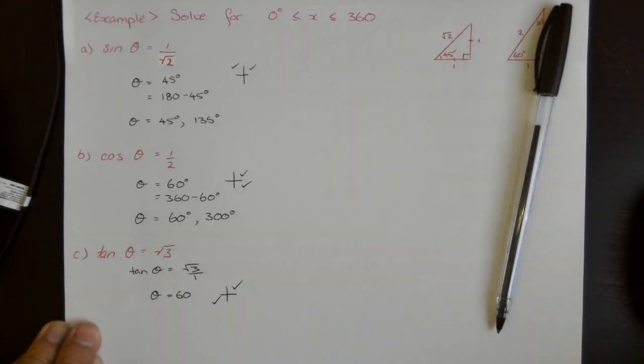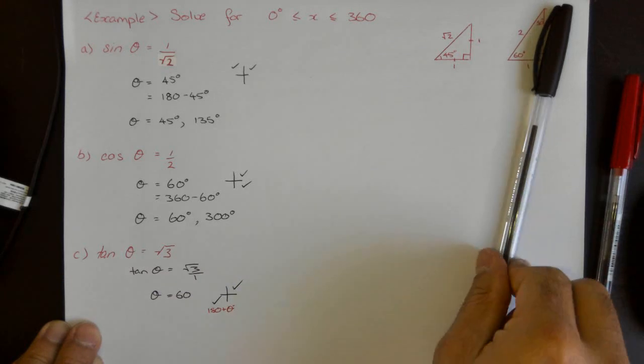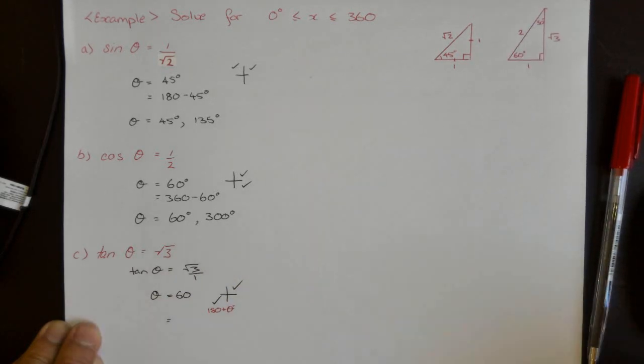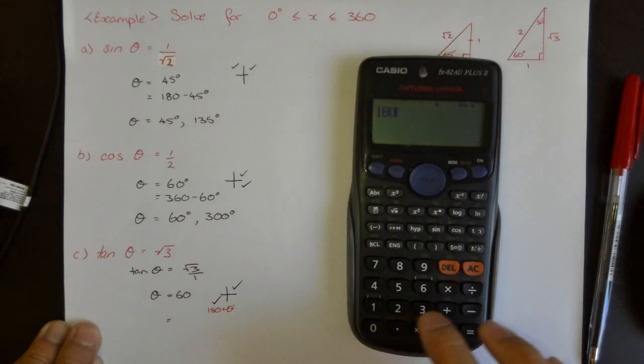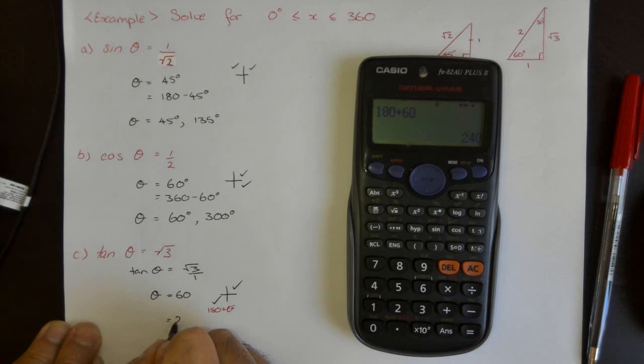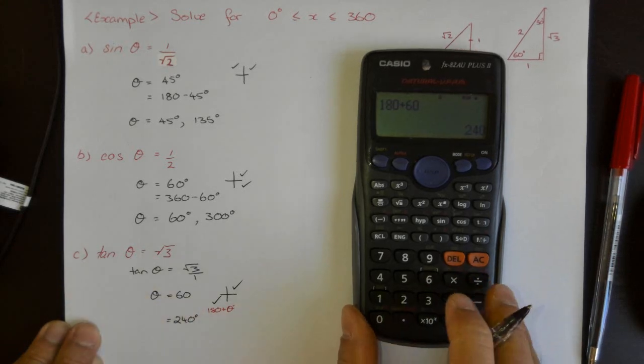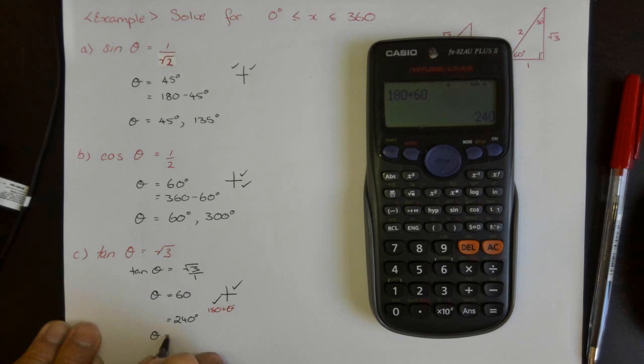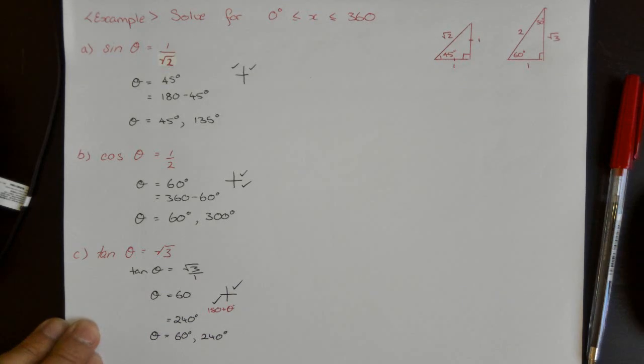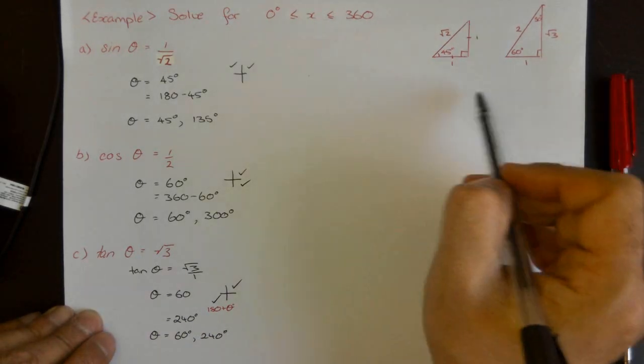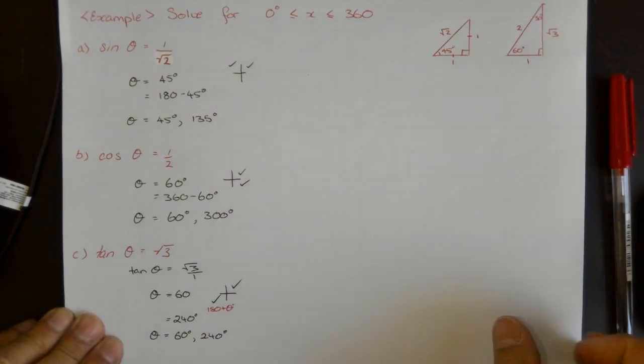Now in the third quadrant, that's actually 180 plus theta. So we get 60 plus 180, 240. So the solution to this is 60 degrees or 240 degrees. Okay, and that's using exact triangles.